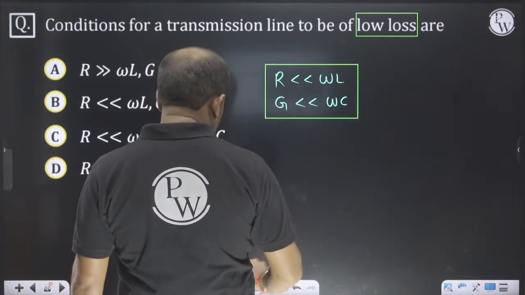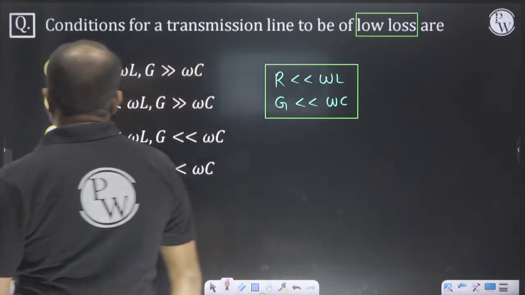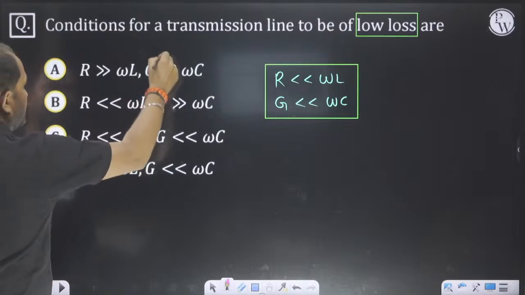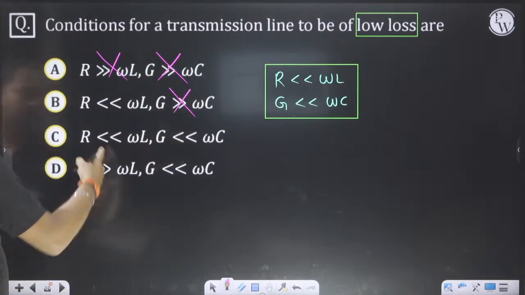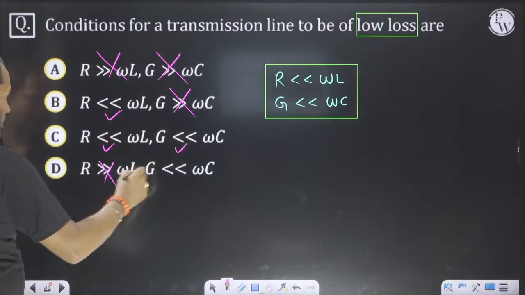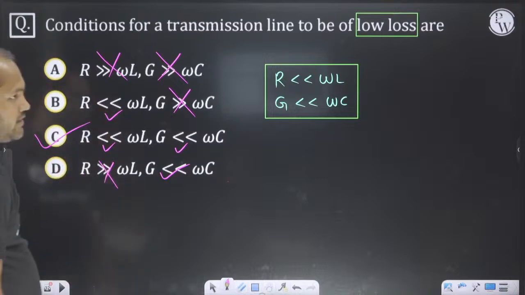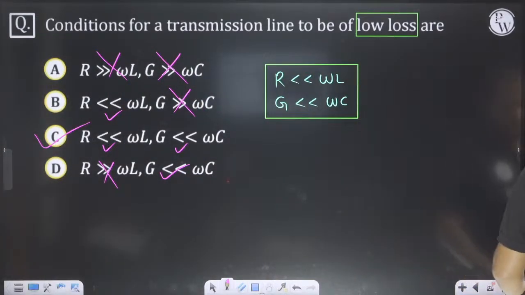R should be lower and G should be lower. Greater than, wrong, less than, correct. So our answer will be C.